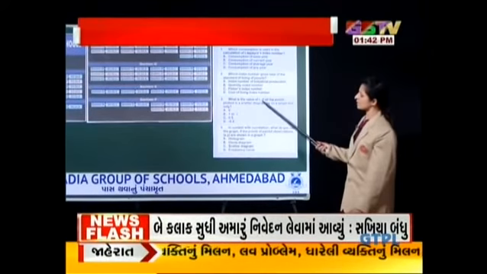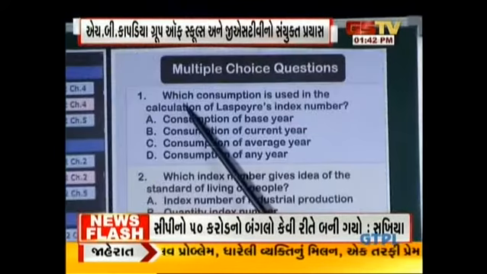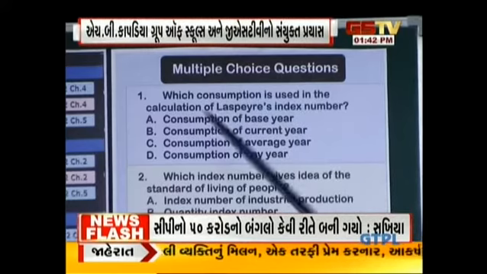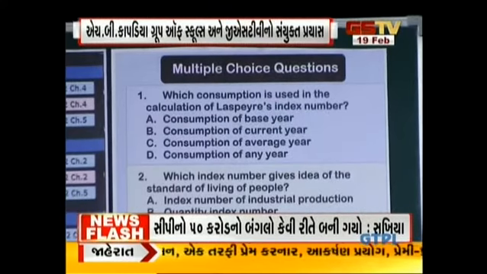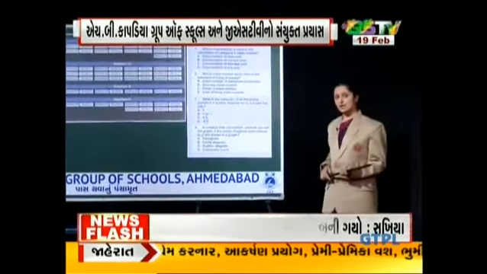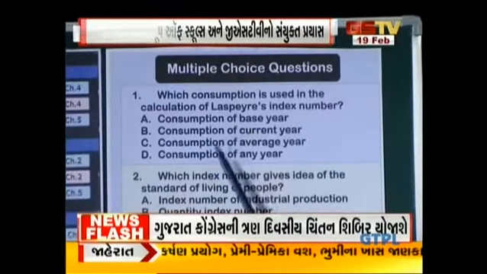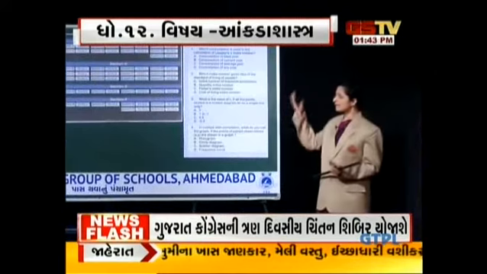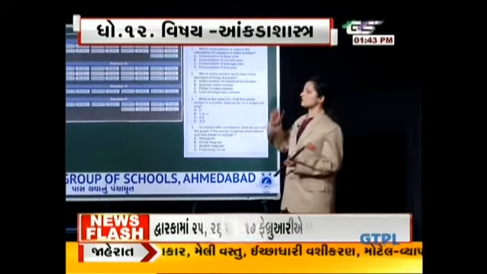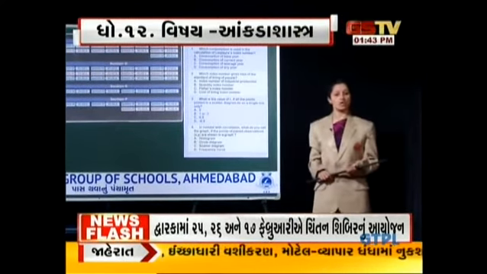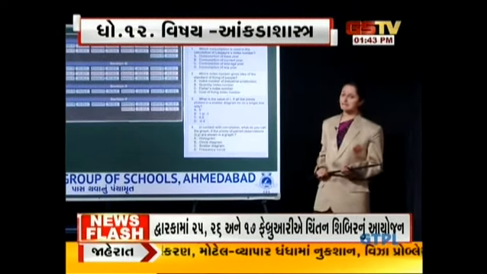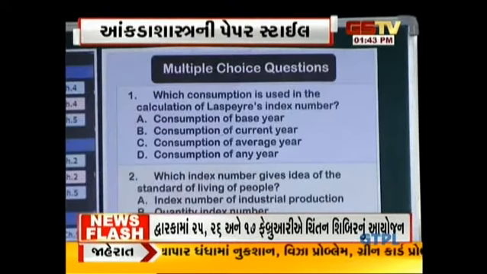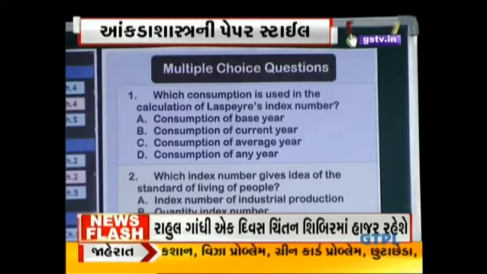First, which consumption is used in the calculation of last year's index number? As we all know, in last year's index number, consumption of the base year is used. A similar question, like which consumption is used in the calculation of past year's index number, can be asked. So your answer will be consumption of the current year.